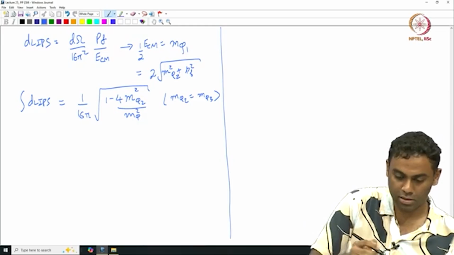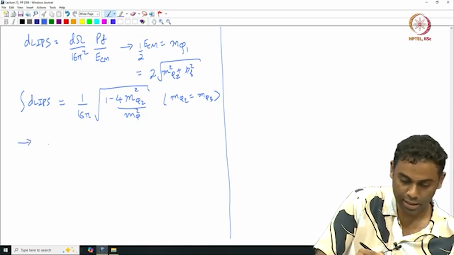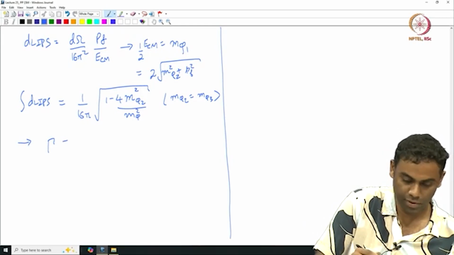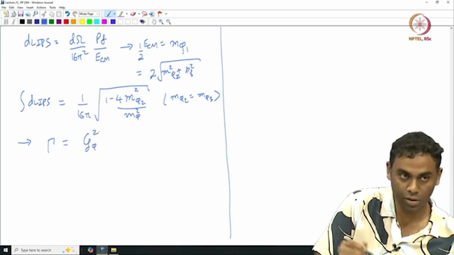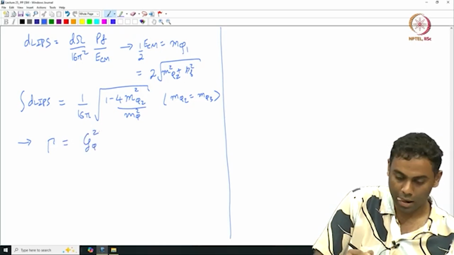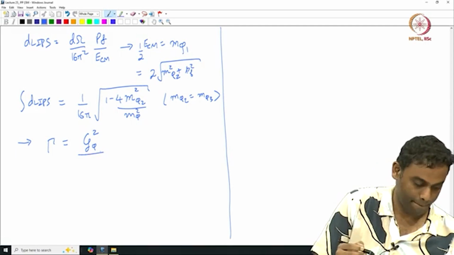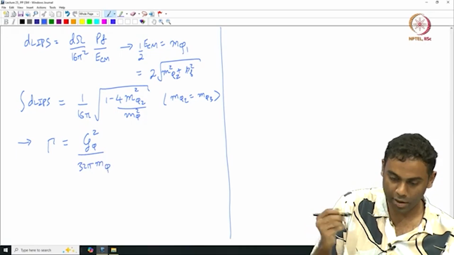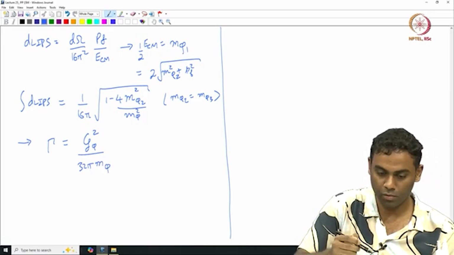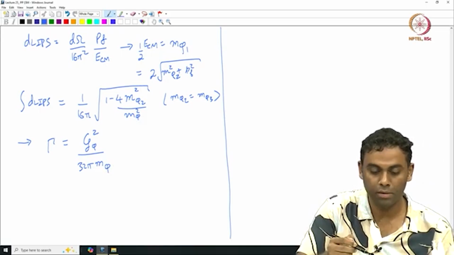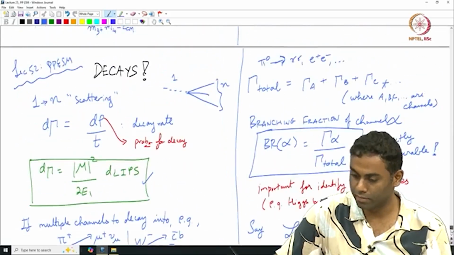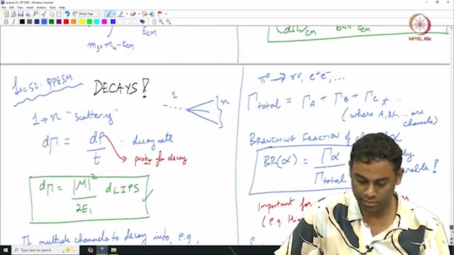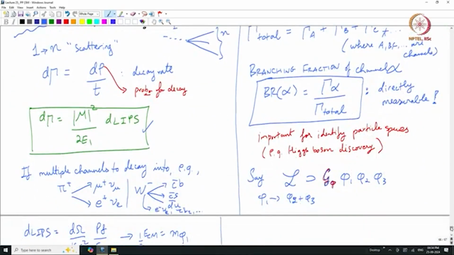So with this I get the decay rate goes as g phi squared divided by 32 pi m phi. Why? Because I have ECM in the expression, right, so I have E1 in the expression below the m squared, and that is nothing but the mass.